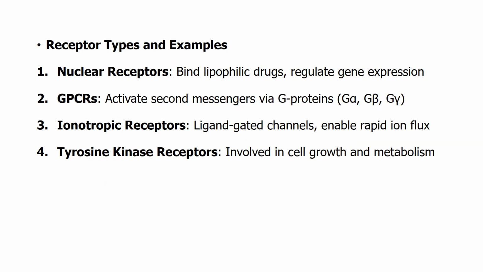We have learned the receptor types and of course examples such as nuclear receptors, G-protein coupled receptors, ionotropic receptors, and tyrosine kinase receptors.